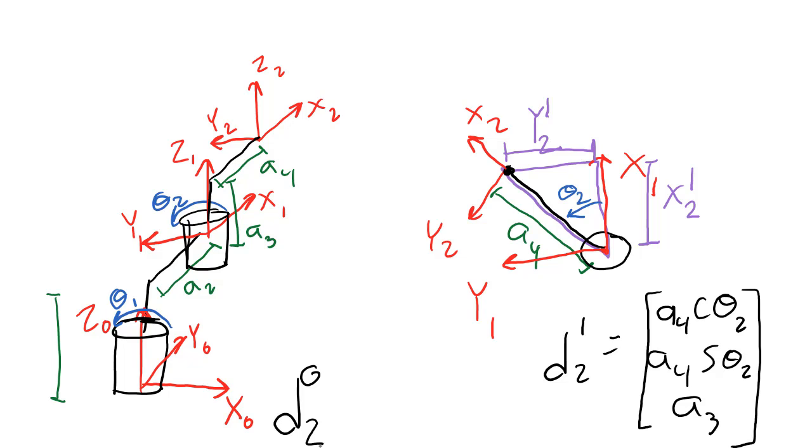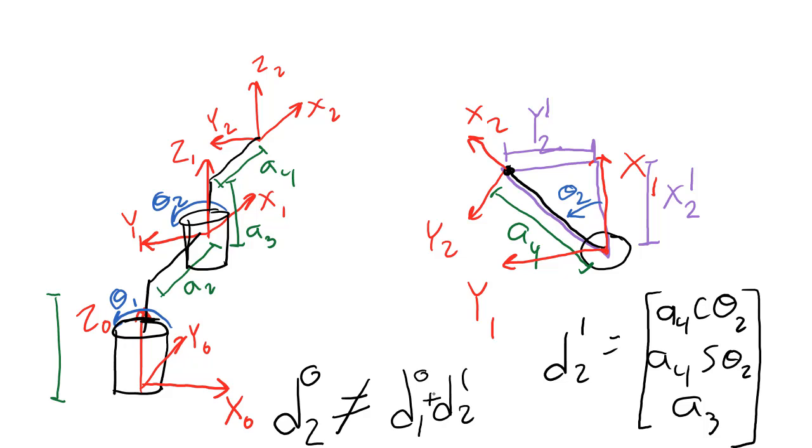When we learned about rotation matrices, we found that we could find R02 by simply multiplying together R01 and R12. It turns out that it does not really work the same way with displacement vectors. We cannot find D02 by simply multiplying together D01 and D12, or by adding them together.